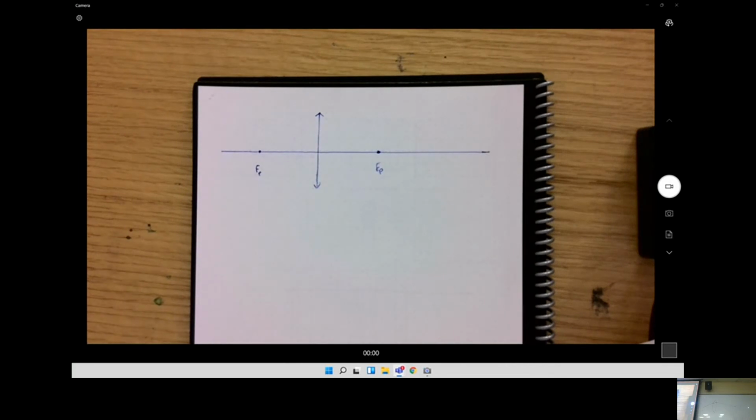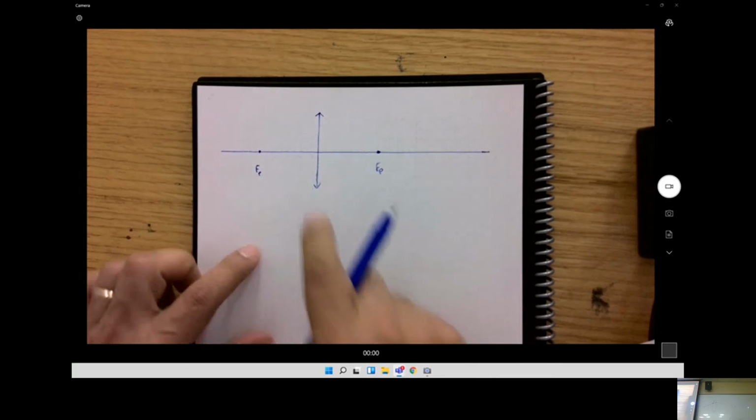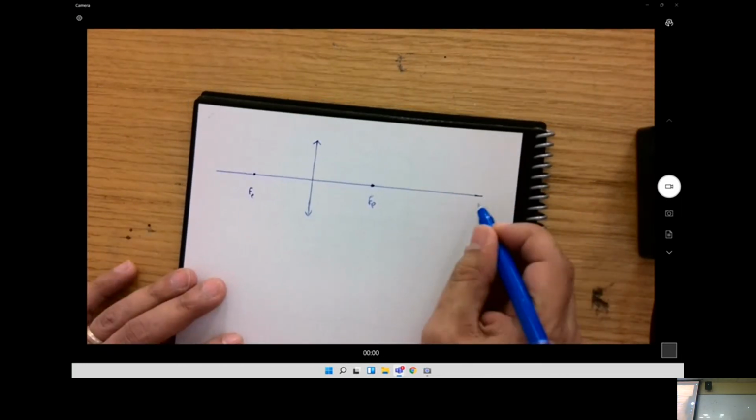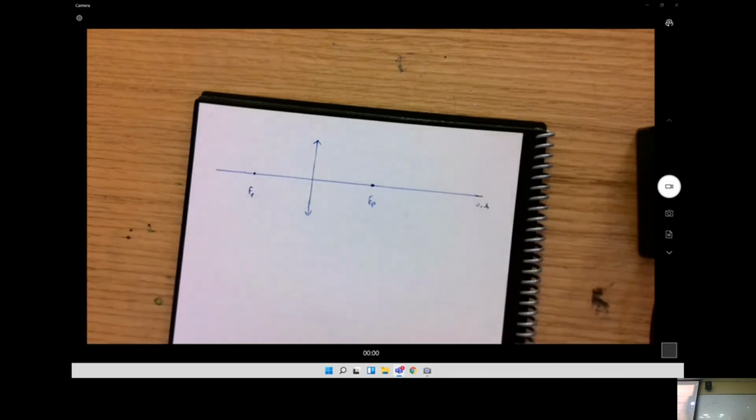Okay, and here's one of the parts where optics becomes a little bit complicated. The optical axis is going to set up a frame of reference, and everything above the optical axis is going to be positive distances. Anything below the optical axis is going to be negative distances.